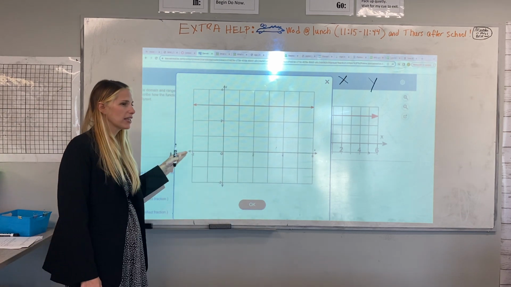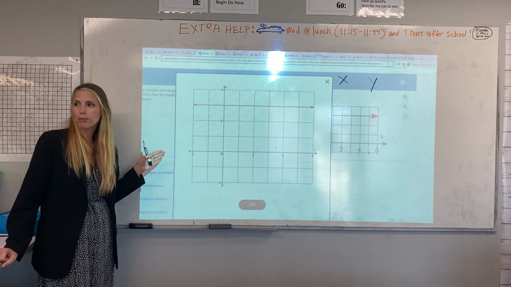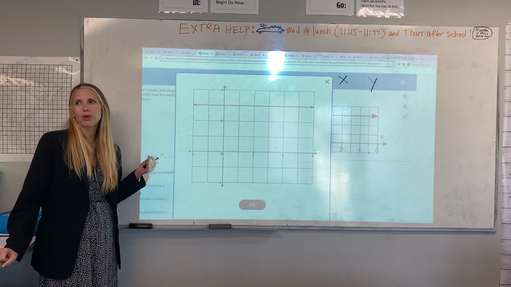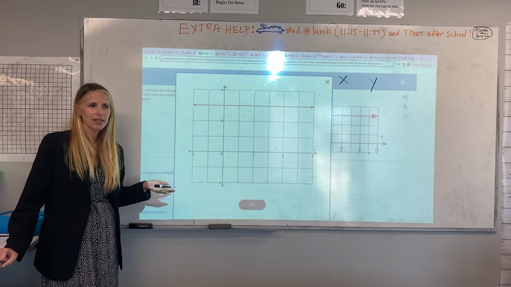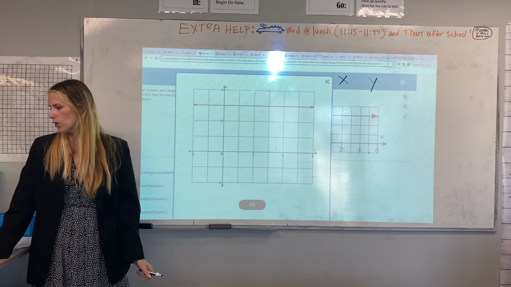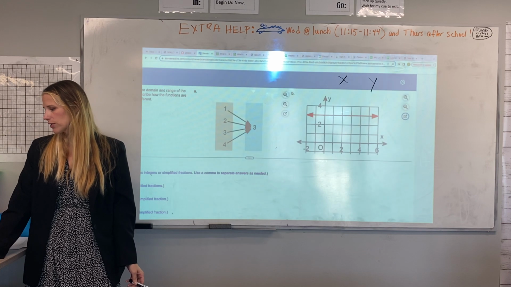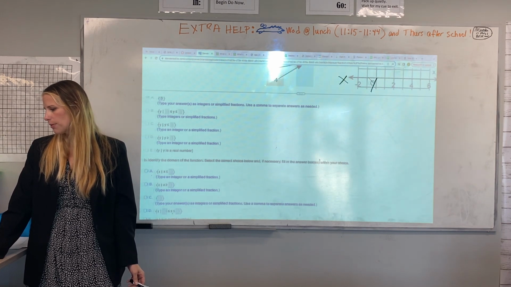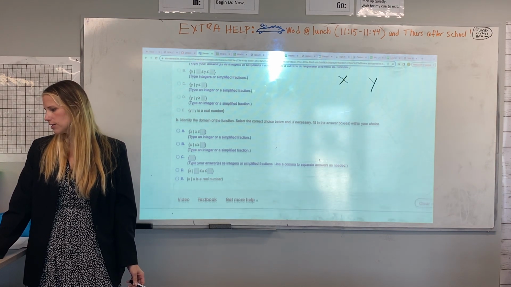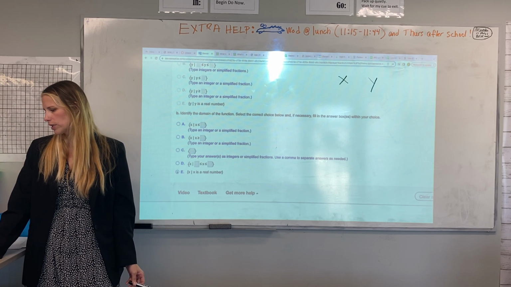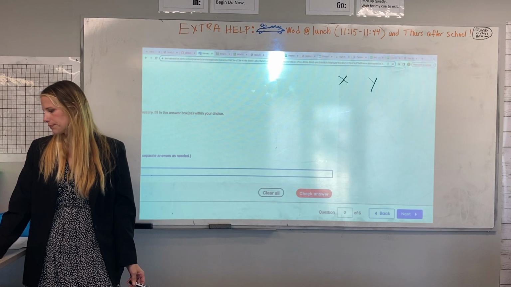It could go to negative quadrillion, and it would be an X value. And it could go to a quadrillion point 6, and that would be an X value. So we couldn't even sit here and name all the X values because the X values are real numbers. The domain is all real numbers, any real number. Are you right?